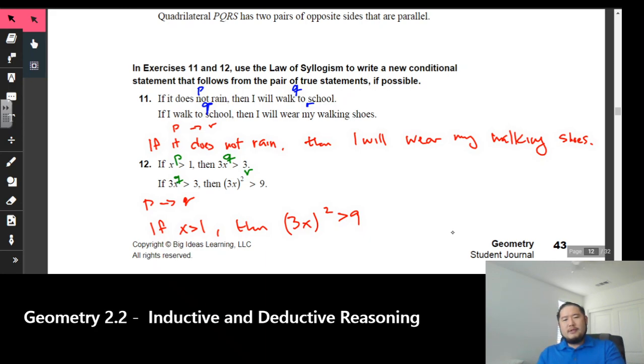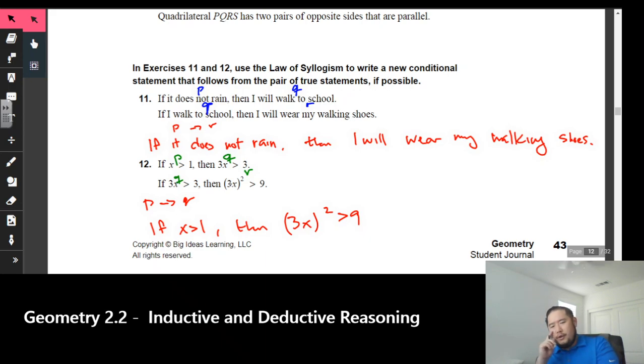Now, oftentimes you may see questions where they don't have things written in this same order, where it goes from P to Q, Q to R. It's not that nice. Sometimes you'll have to read the statements carefully, because it still might have law of syllogism implied. For example, they could put 3x is greater than 3, then x is greater than 1, and they could write the second sentence as is.